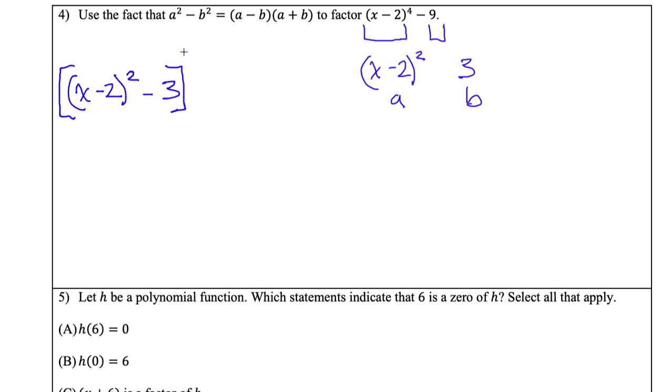That was A minus B. Next, I'm going to do A plus B. So A is x minus 2 quantity squared plus B, and plus B is 3. I have now turned this, x minus 2 to the power 4 minus 9, into this form. I need to do a few extra steps now.